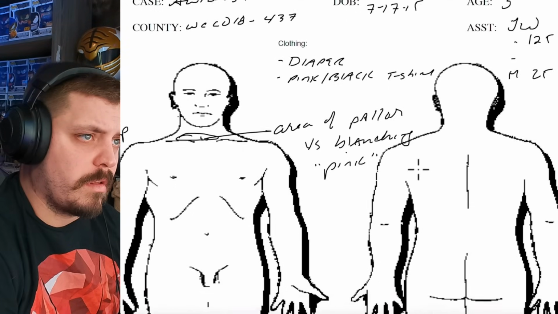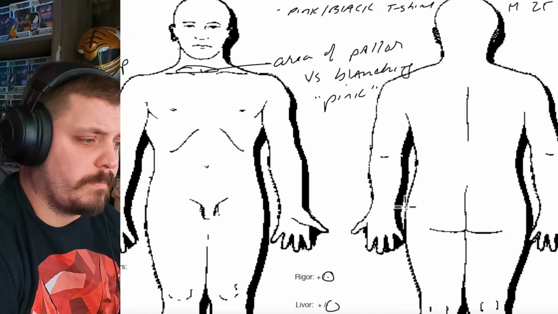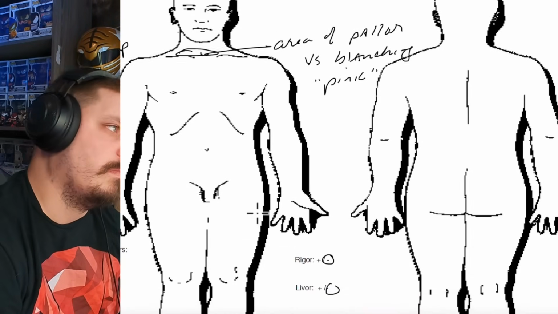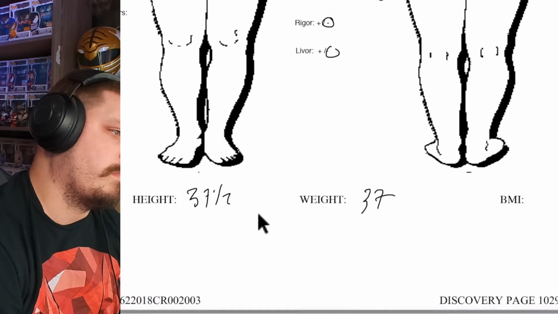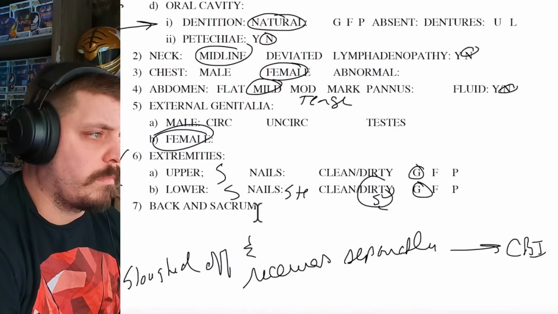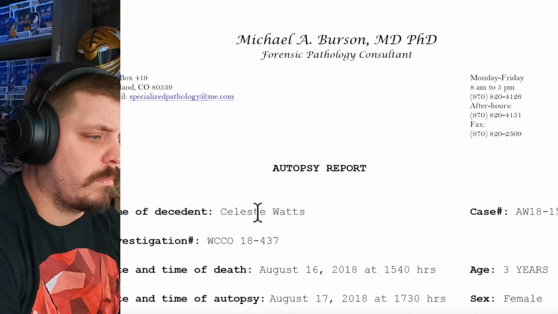She was age 3, and she was wearing a diaper and a pink and black t-shirt. And there we see just a few pointers that were noted on external examination once the clothes are removed. But again, we'll go to the typed up report on this.